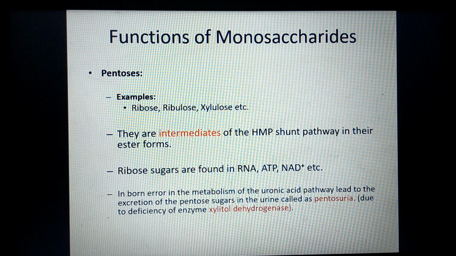Due to deficiency of this xylitol dehydrogenase in the uronic acid pathway, the pentose sugars are not further metabolized in that pathway, and hence the pathway stops at that point and pentose sugars are excreted into the urine, leading to a condition called pentosuria.